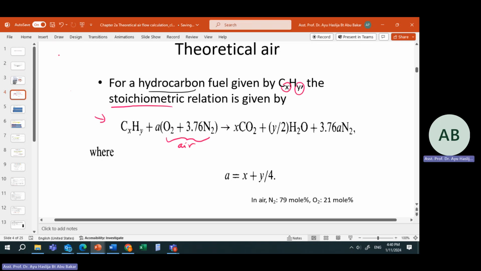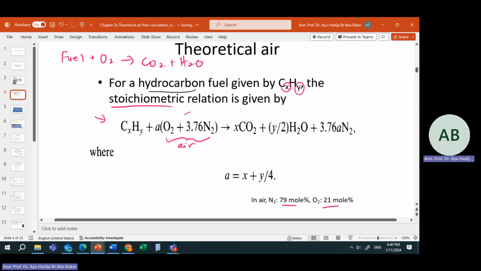Sebelum ni biasa kita tengok fuel plus O2 je, kan? So CO2 and water. Where this one is not exactly accurate, sebab dalam air kita ada N2. So that's why dalam calculation ni kita involve the N2, where N2 is 79%, O2 21%.